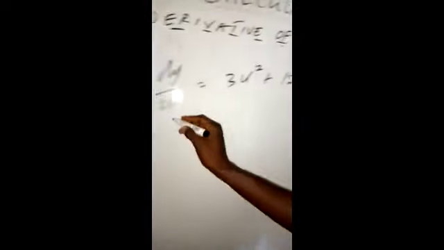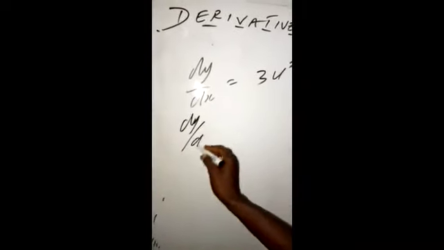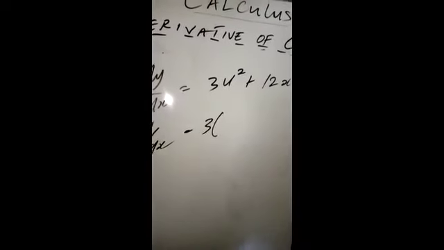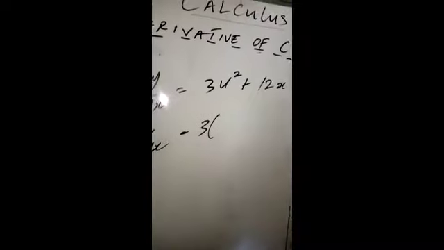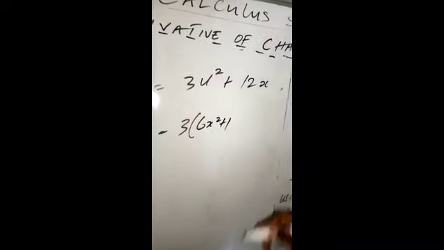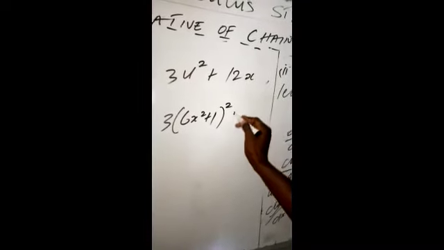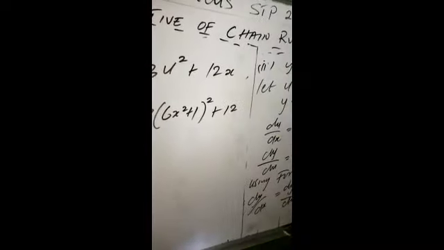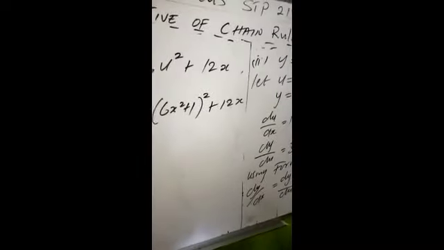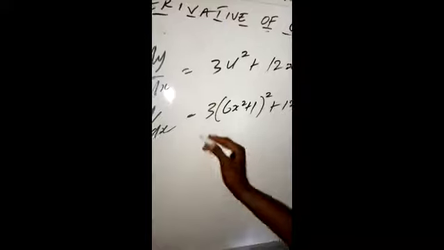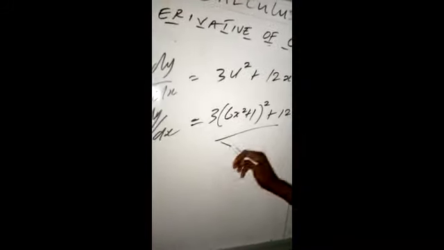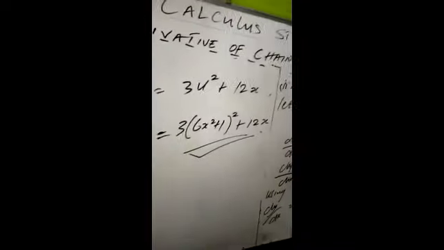Then from here, dy/ds will give us 3 brackets. Since our u is 6s squared plus 1, I put (6s squared plus 1) all squared times 12s. Are we there? When you have something like this, you can still expand it or leave your answer in this form. Thank you. That is how to do it.